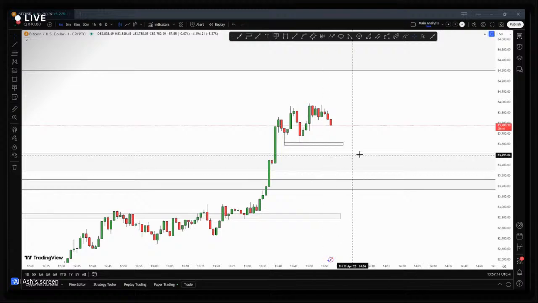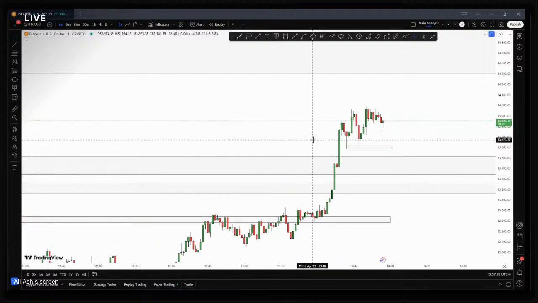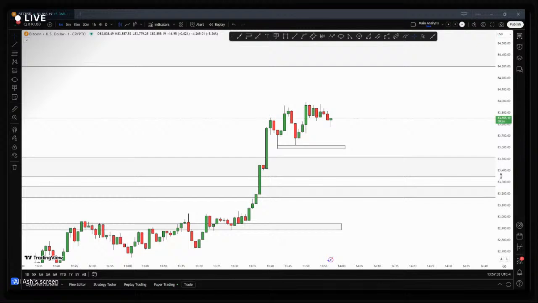So we have an ellipse here in the making. No, 84K won't be viable, but we are retesting to 83,500, or you can go for 83,600 as well.